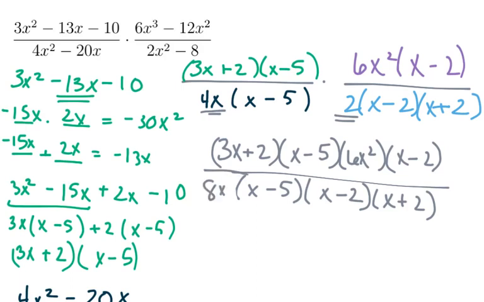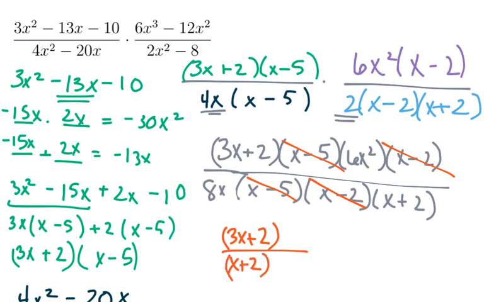So now we can begin our canceling. We've got an x minus 2 and an x minus 2. We've got an x minus 5 and an x minus 5, right? They're being divided, so those are going to cancel. Then 3x plus 2 and x plus 2, those aren't going anywhere.